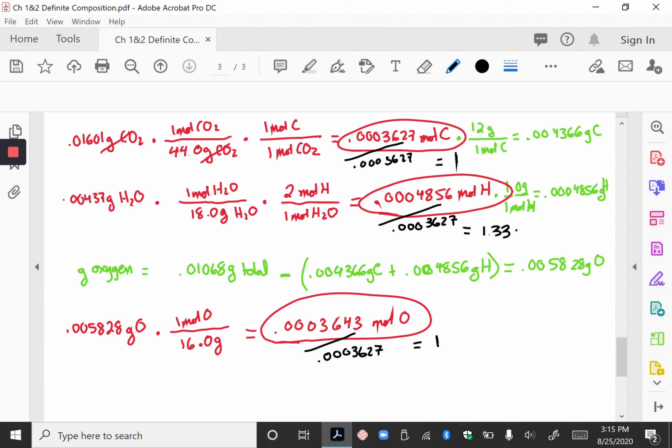So if I multiply this by 3, I have to multiply all of them by 3. This gives me 3, this gives me 4, and this gives me 3. So my empirical formula is C3H4O3.